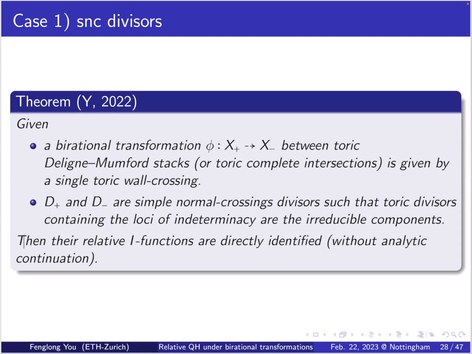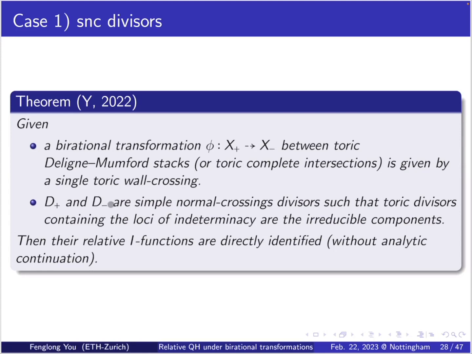And the result is that if we look at the I functions for these two pairs, then they are exactly the same, and they can be directly identified without any analytic continuation. Now, for the absolute Gromov-Witten theory, if we try to relate the I functions, for example, even in the Crepant transformation case, we need to do some analytic continuation in order to relate Gromov-Witten invariants of X plus and X minus.